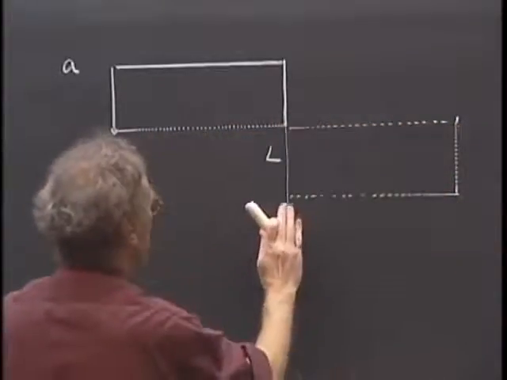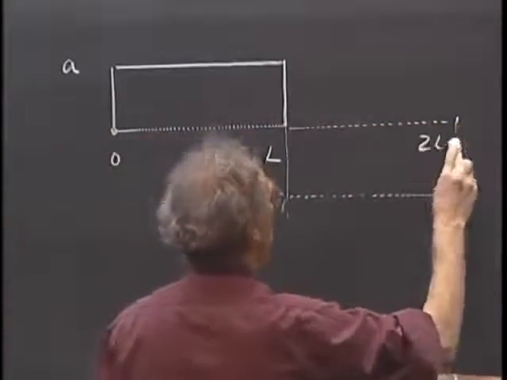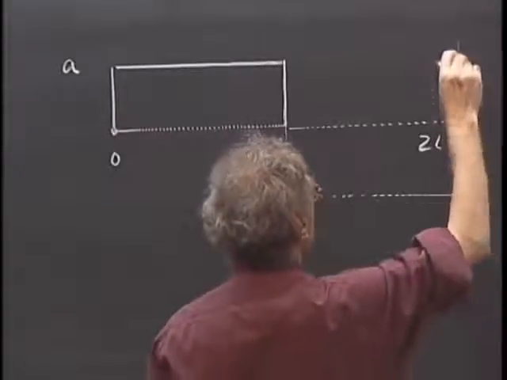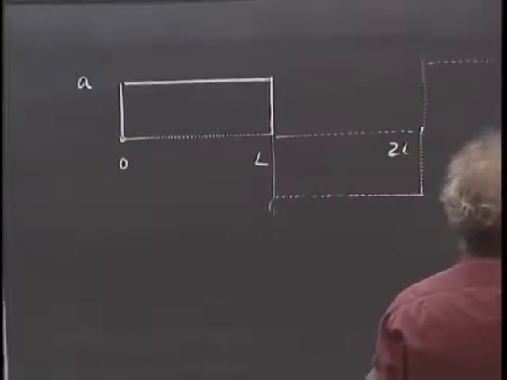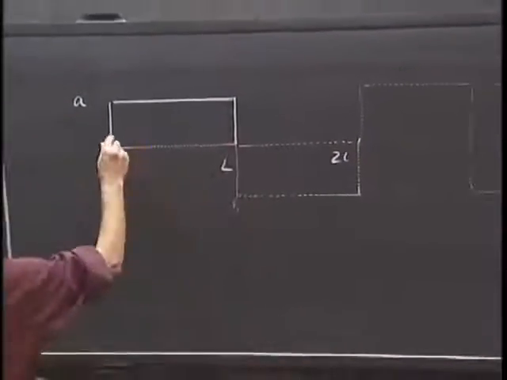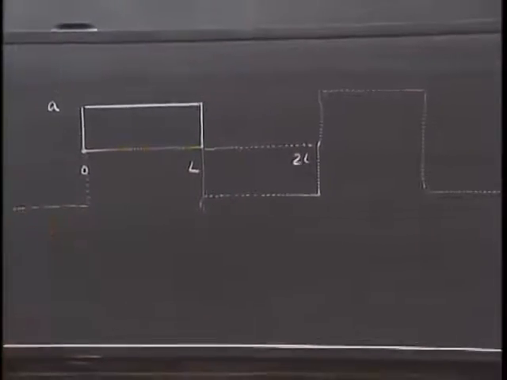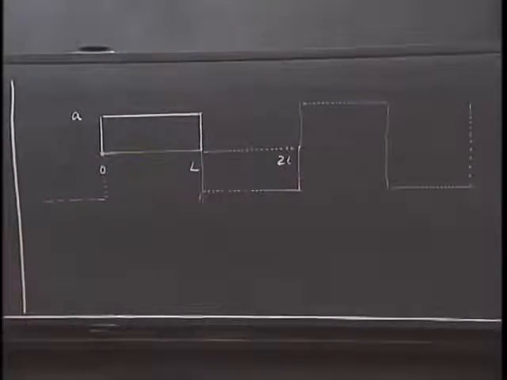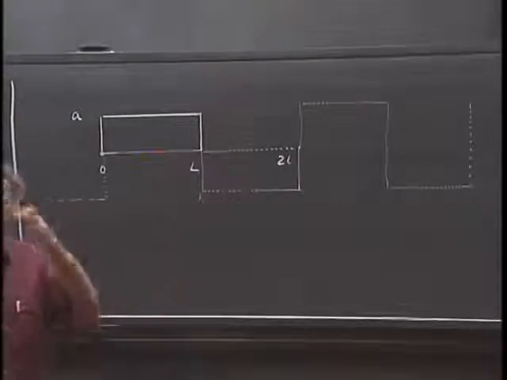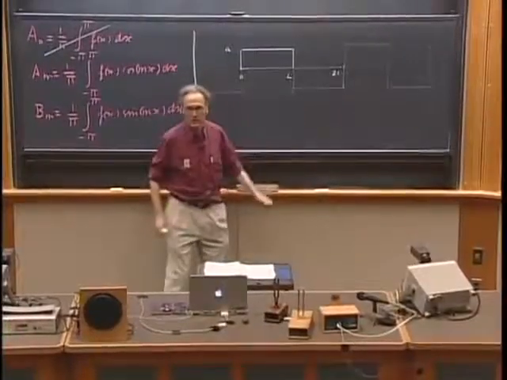So I'm adding this. I make it 2L, but I go much farther. I go on, and go on, and go on. So I'm going to define it between 0 and 2L, and that's periodic.